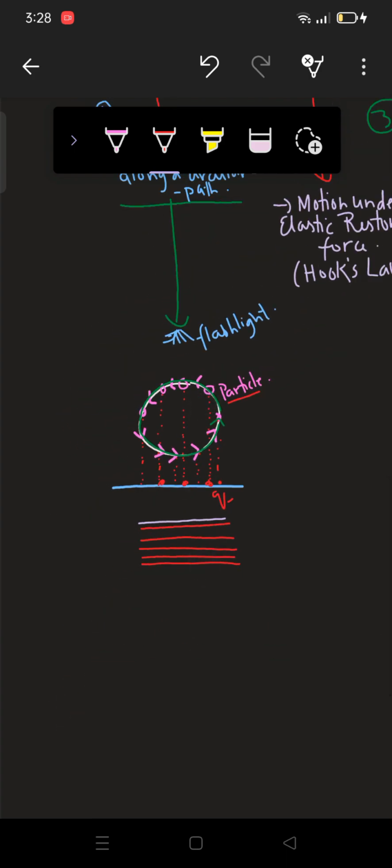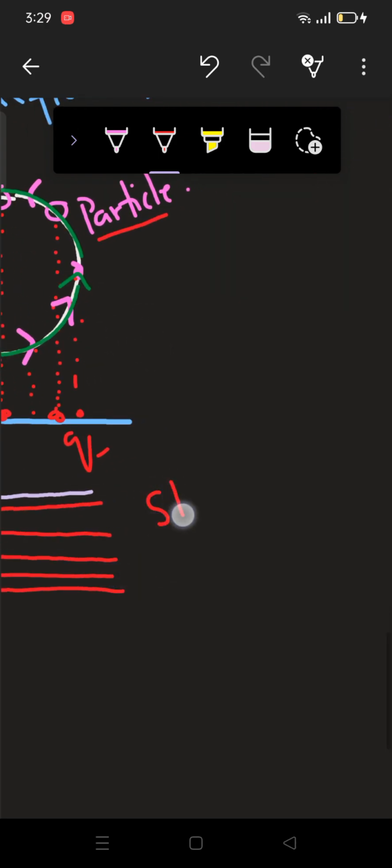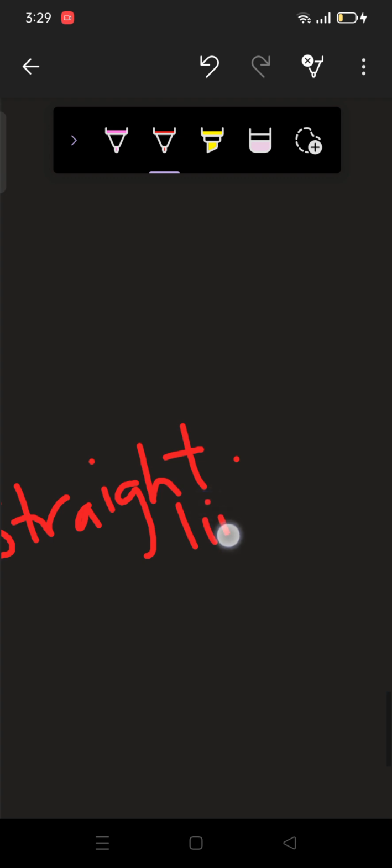Now you can see this motion repeats itself in equal intervals of time, which means this is periodic motion, right? Secondly, this motion is to and fro, back and forth, which means this is oscillatory motion too. Now see, this motion is in a straight line, right? So now our three conditions are applied.